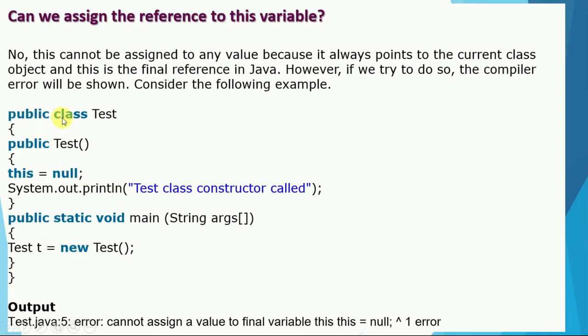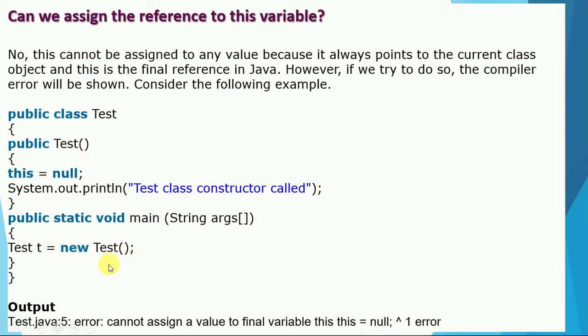Okay, so we have a class named test, and we have a constructor named test, and in this constructor we assign the this reference to null, and the printing statement is "test class constructor called". Inside the main method, we create an object and call this test constructor.